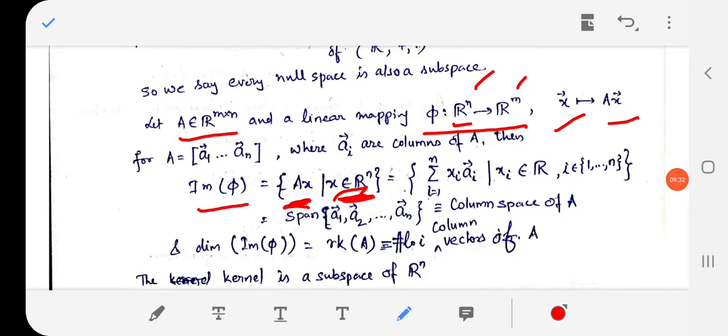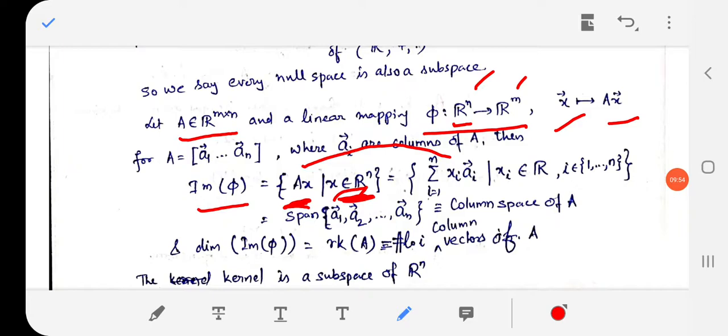So the set of all the images you have taken is this. Now this Ax can be expressed as a linear combination of columns of A, so it's like a span of column vectors of A.